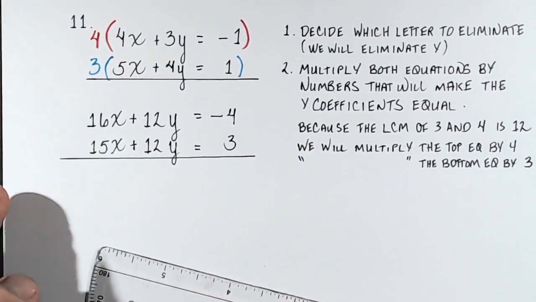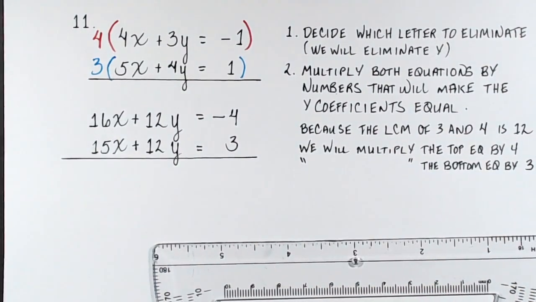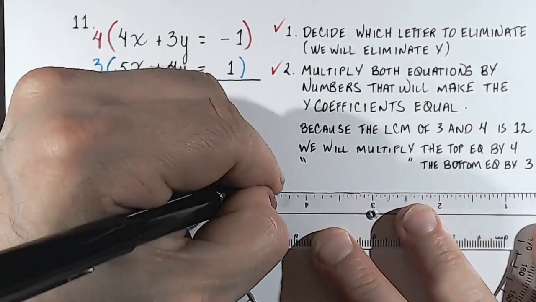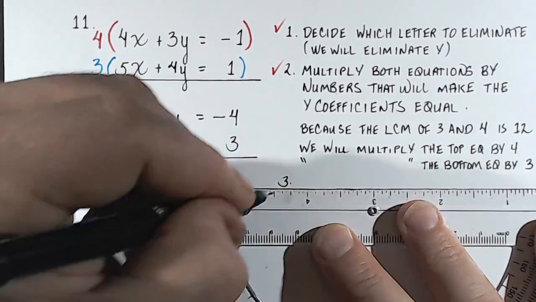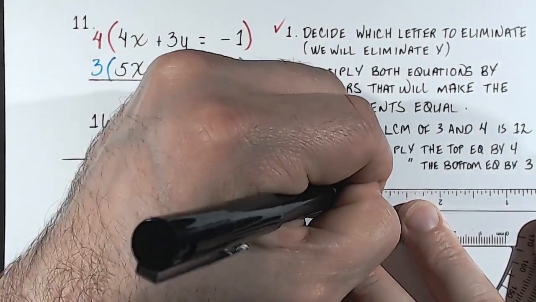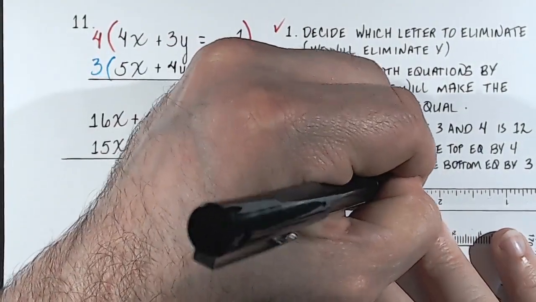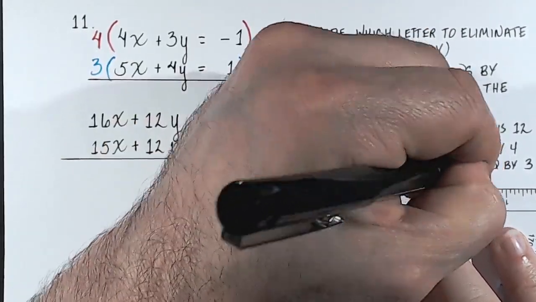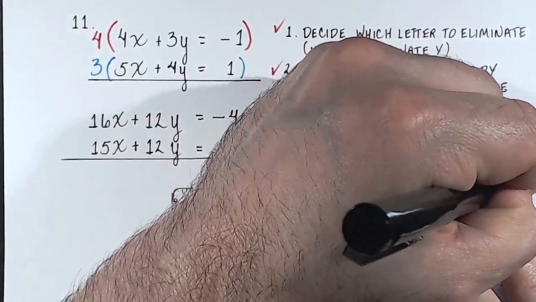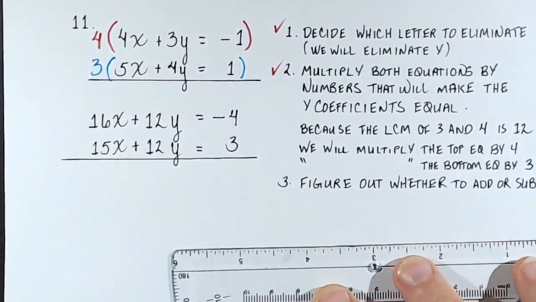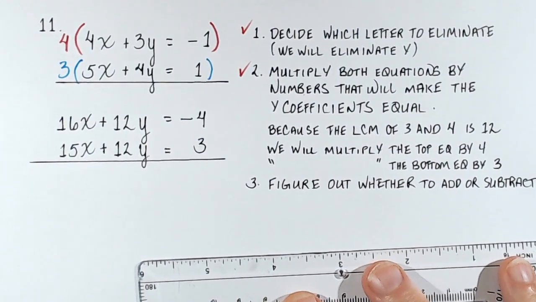Now we'll draw a line and look at our situation again. So at this point, we did step 1, okay, and we did step 2. Now what's step 3? Step 3 is figure out whether to add or subtract. Okay, we need to decide whether to add or subtract.